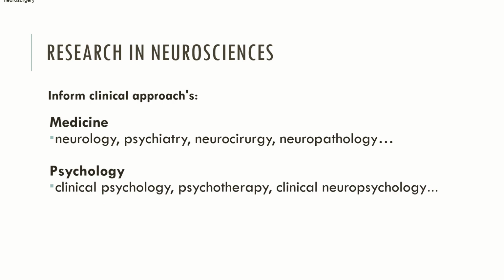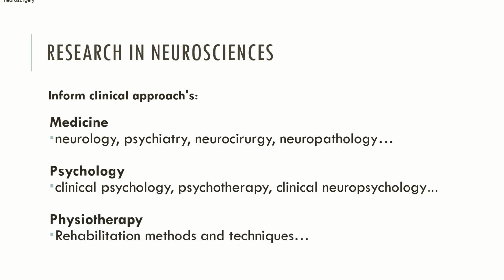Research in neurosciences may also inform physiotherapy, such as rehabilitation methods and different techniques. So, this is not an extensive approach, okay? There are lots of clinical approaches that neurosciences inform that were not listed here. So, this is not an extensive list, okay? So, take this in mind.